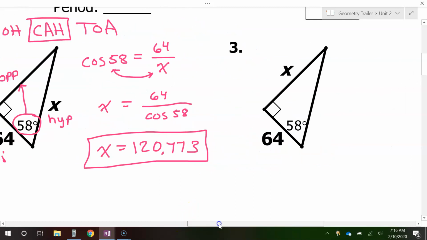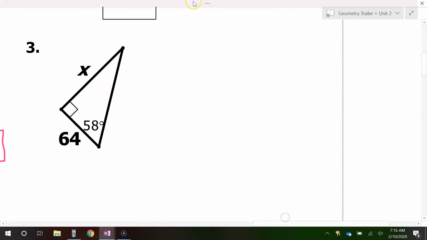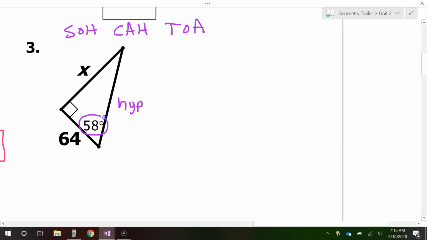All right, let's head over to problem number 3. Okay, SOHCAHTOA. Start with the hypotenuse, which is always across from the 90-degree angle. So this is the hypotenuse. Next, circle the angle and draw an arrow going away from it, and that will be the opposite side.